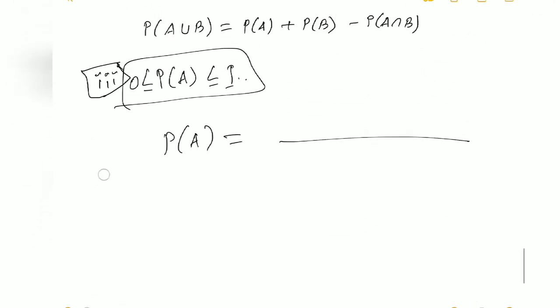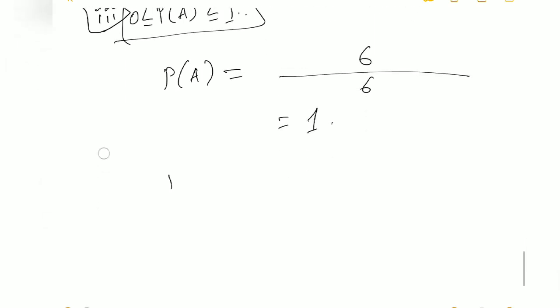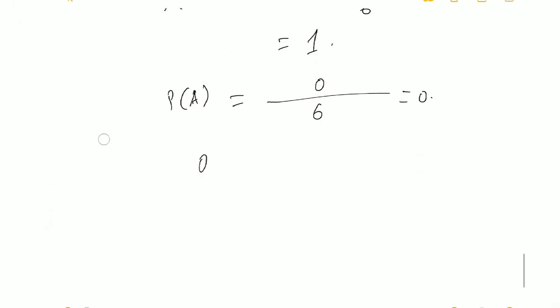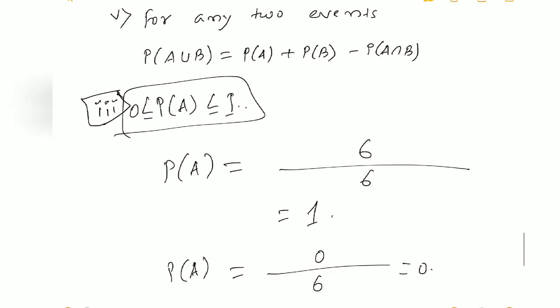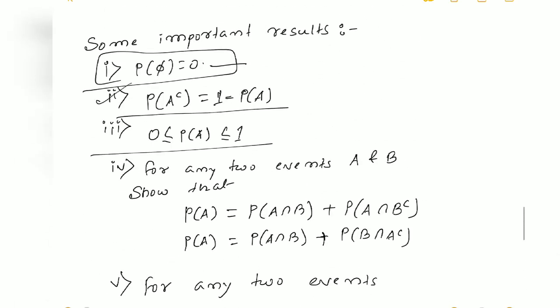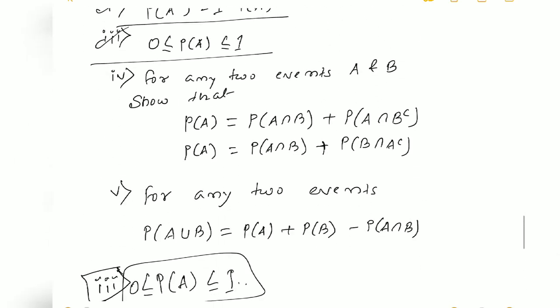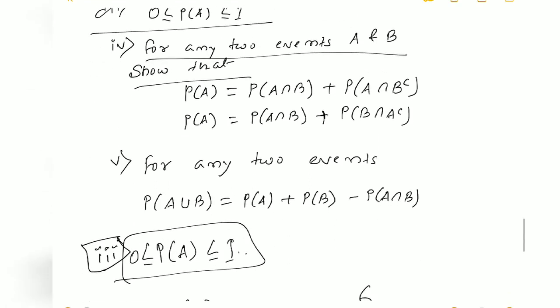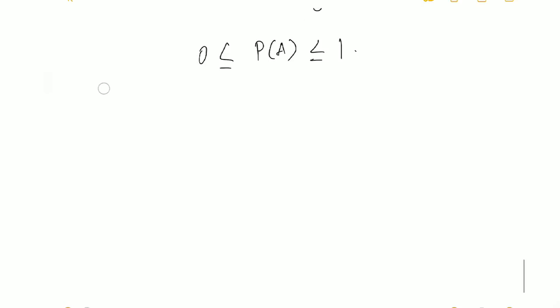That means if you put it in the equation, you can get a maximum value of 1 only. Similarly, you can get a minimum value of 0 by 6, which is 0. Then obviously the value of P of A lies between 0 and 1. Okay. So the next property can be shown after showing some Venn diagrams.